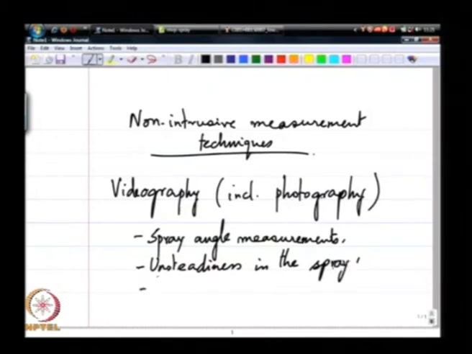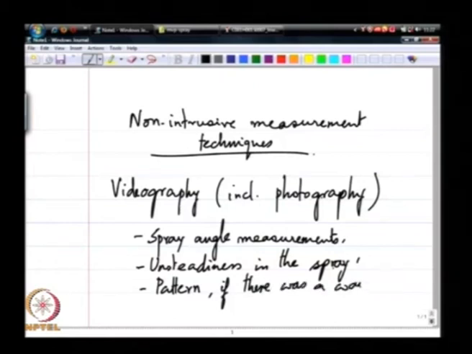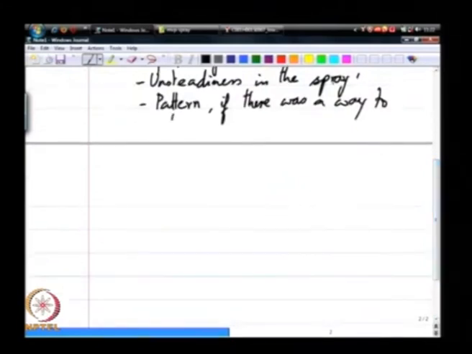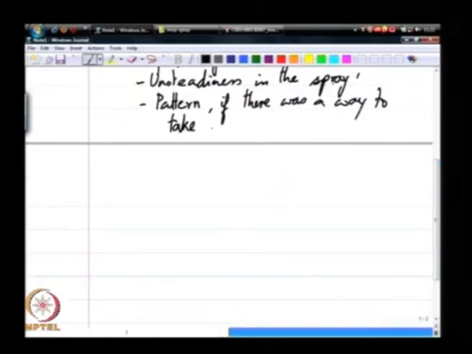And you could also look at pattern if there was a way to take a cross sectional view.